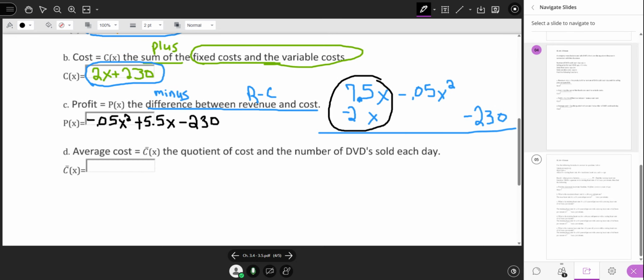And then average cost. Average cost is take this 2x plus 230 and put it over x.